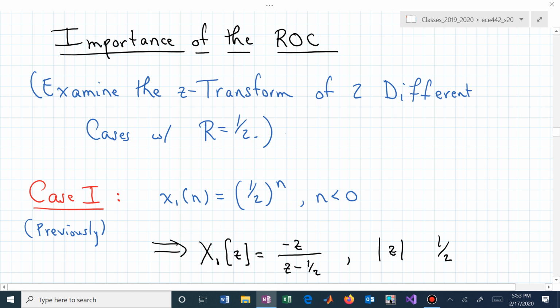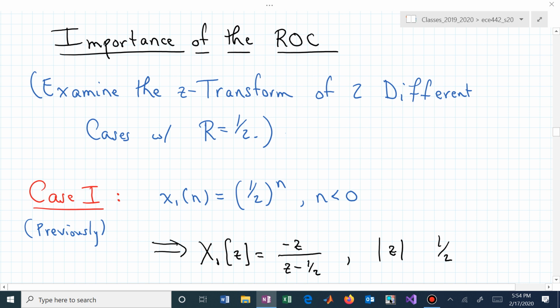If somebody just hands us a transform expression, we can't really tell you what's happening in the time domain with the corresponding sequence without some additional information, where that additional information is the region of convergence. So we're going to examine 2 different cases with R, or the pole, or the magnitude of this sequence being equal to 1/2 in both cases.